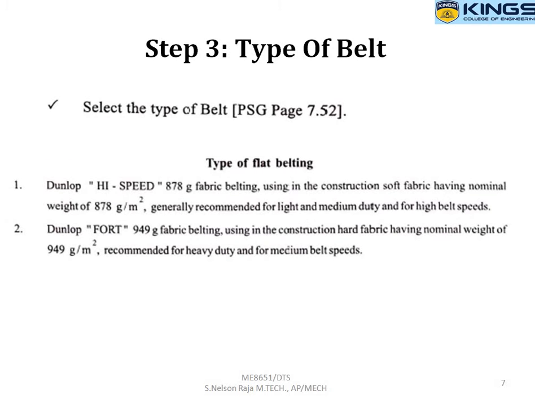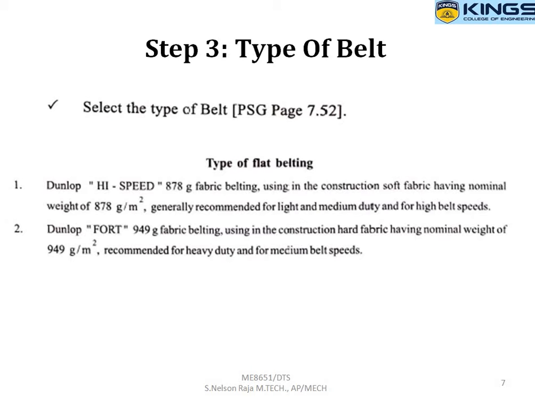Step 3, we have to select the type of belt. The conditions are available in PSG page number 7.52. We have two different types of belting: Dunlop high speed and Dunlop 4949G. If the system is medium duty, which means medium load and high belt speed, we select the Dunlop high speed.